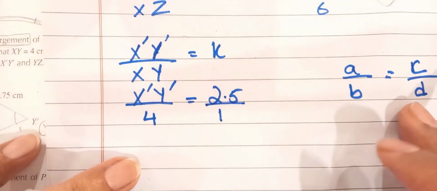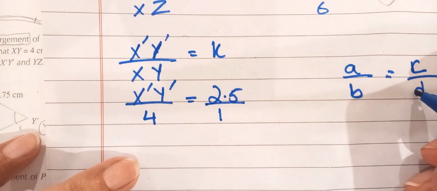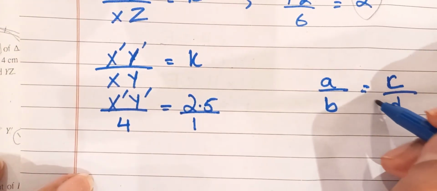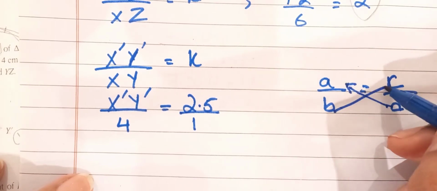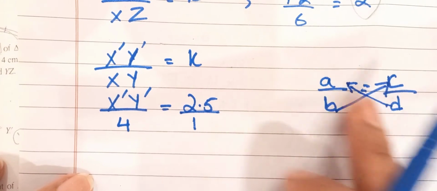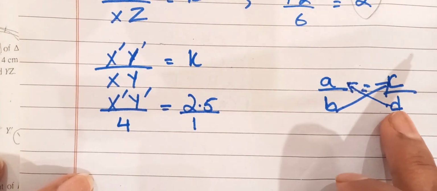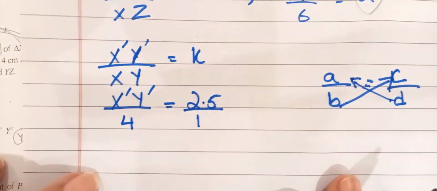So we move this denominator to this numerator and this denominator to this numerator.